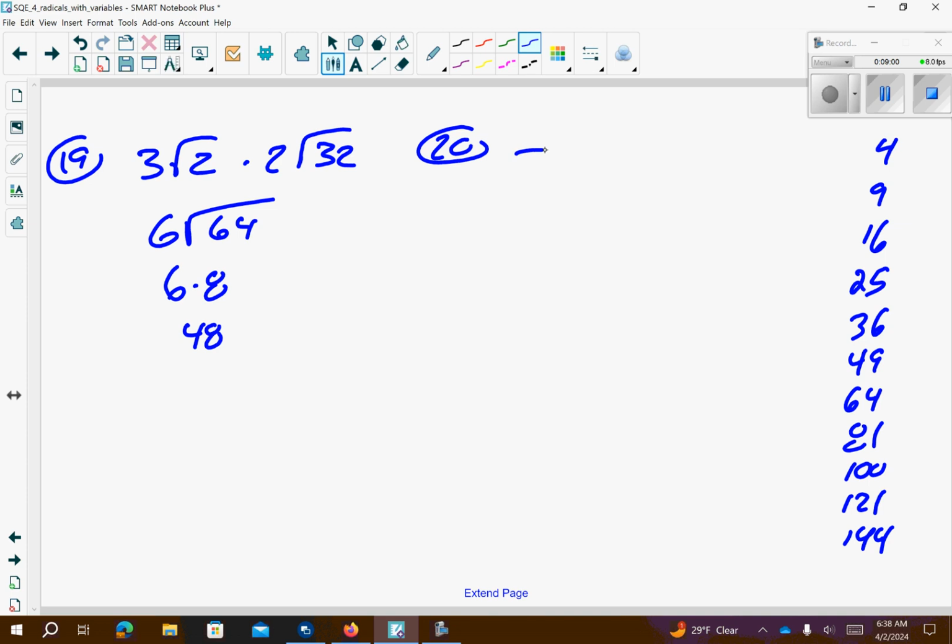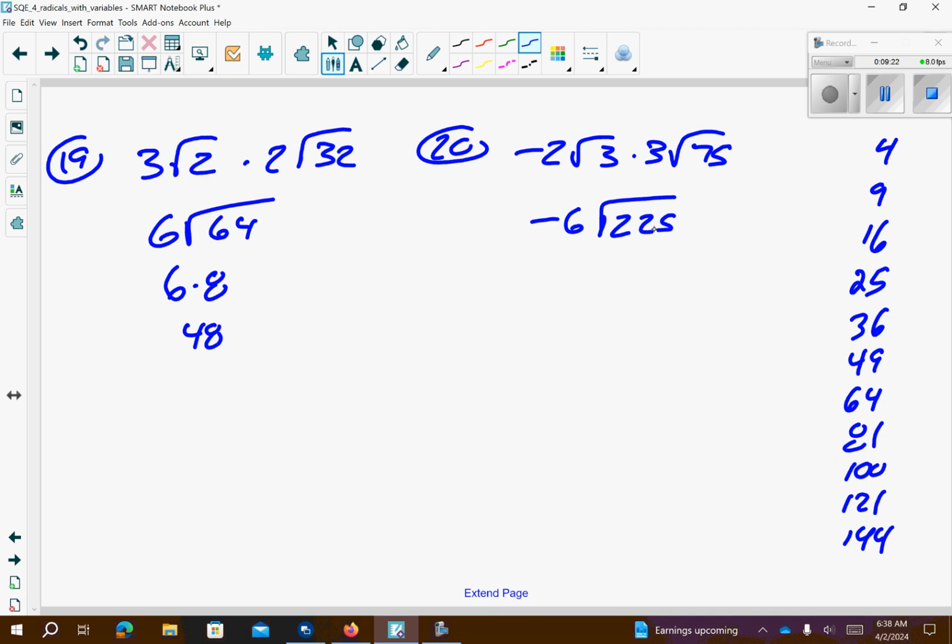Number 20, I get negative 2 root 3 times 3 root 75. So I multiply outside, outside, so that's going to give me negative 6 because negative 2 times 3 is negative 6. If I multiply inside, 3 times 75 is 225.